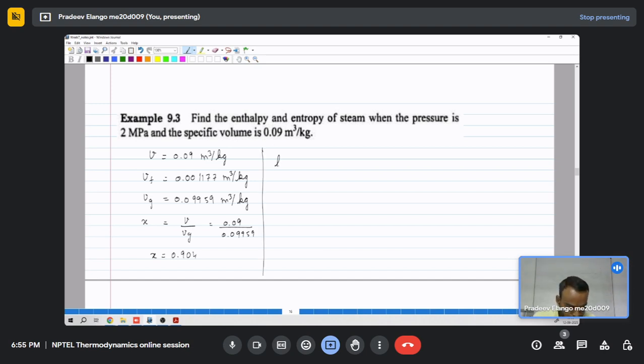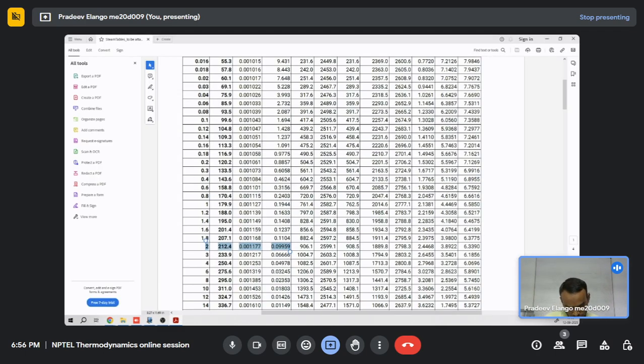For enthalpy, we can write enthalpy at state F plus dryness fraction into enthalpy Fg. Sorry, HFG. So this is at 2 megapascal.